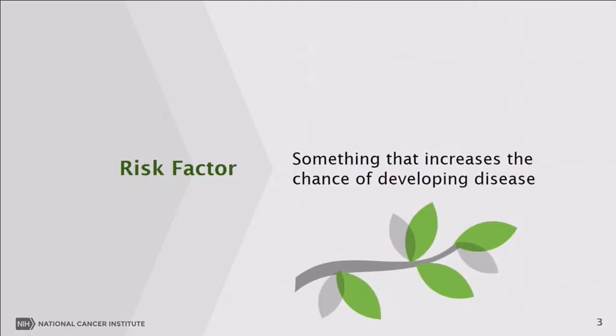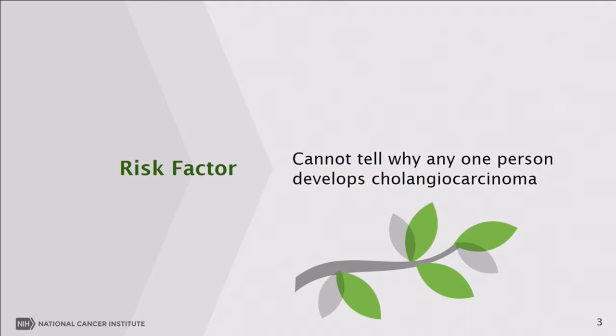When I'm talking about a risk factor, this is just something that increases the chances of developing disease. However, and I want to be very clear on this, we cannot tell why any one individual develops cholangiocarcinoma, and I know that's difficult for many of you in the audience to hear. Whenever we're looking at risk factors, we're comparing a group of people that has a risk factor to a group that doesn't.